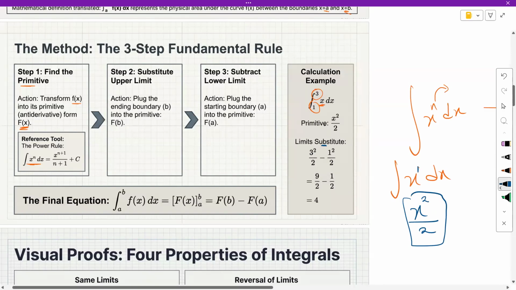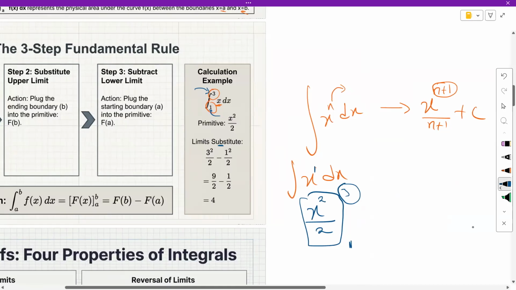Limit substitution. First we substitute the upper limit and then we substitute the lower limit. Here the upper limit is 3, and this is the primitive form. First we substitute the upper limit, x equals 3.